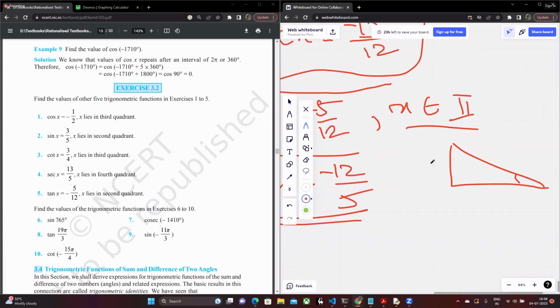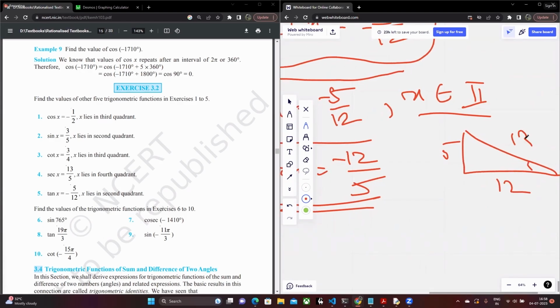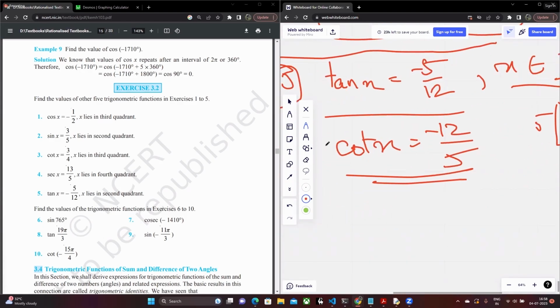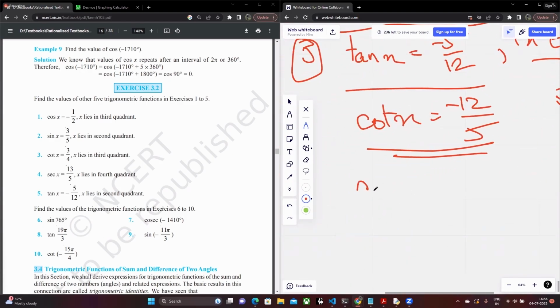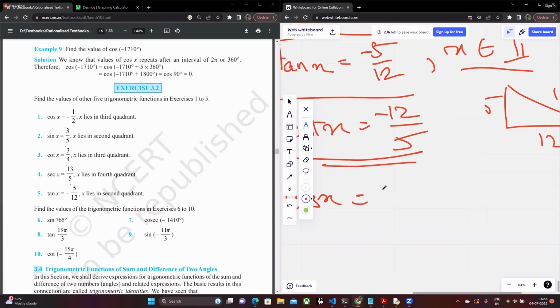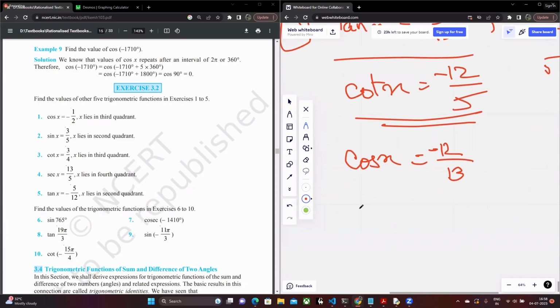That's it. So I'll take this to be 5, this to be 12, and this is 13 because sin is opposite by adjacent. This is 13, right? Since cot x is minus 12 by 5, that means that cos x is going to be equal to adjacent by hypotenuse. That is going to be 12 by 13. Since it's in the second quadrant, that means I have to add a minus, right?